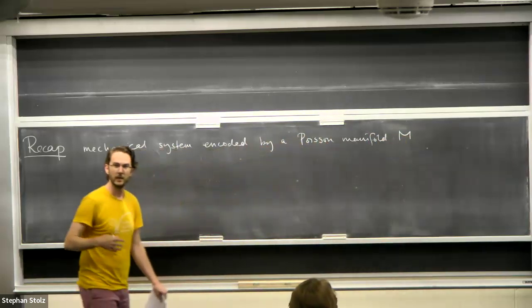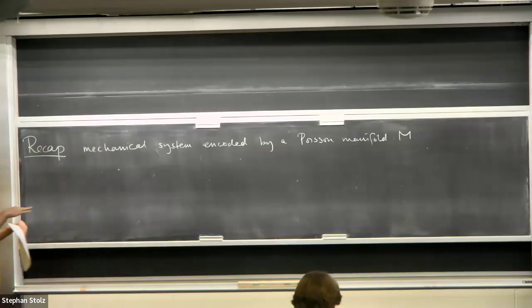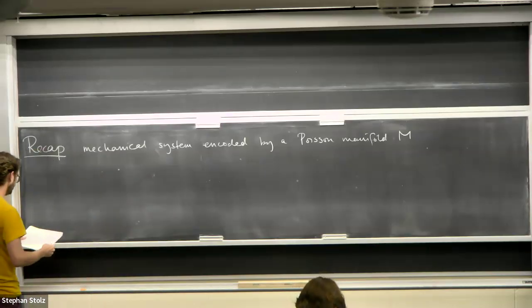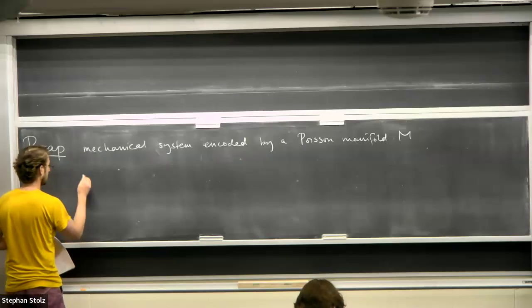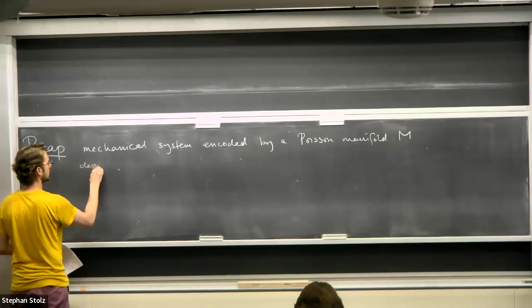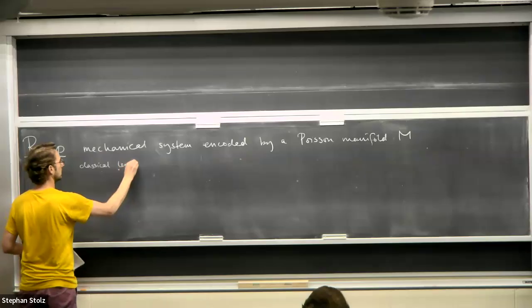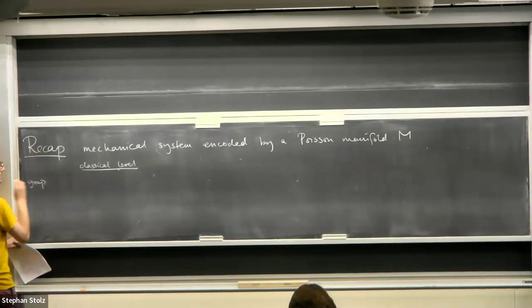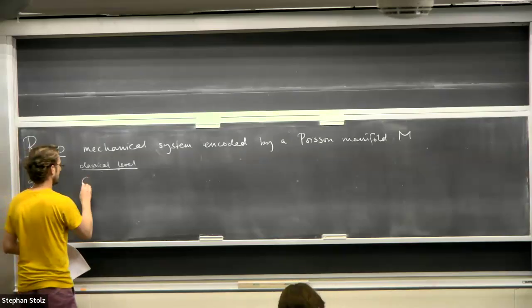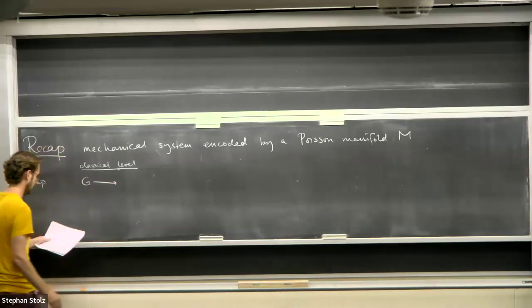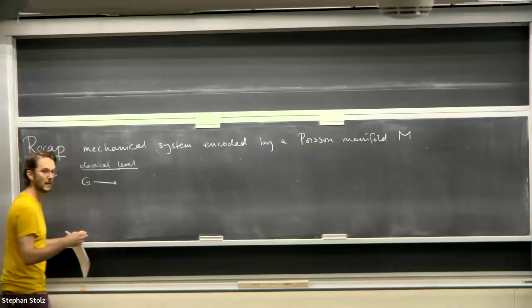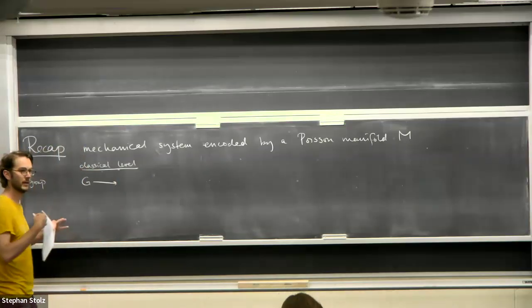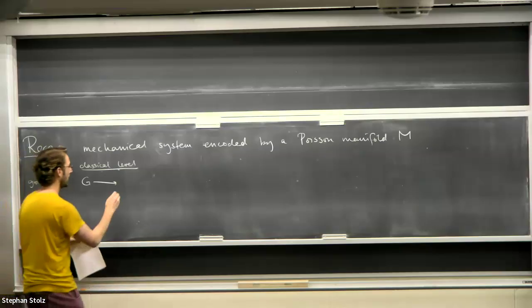We talked about three types of symmetry in two directions. At the classical level, there was a group level of symmetry. So we had some maybe Lie group mapping. I talked about diffeomorphisms, but I want to shift that to being a common arena.